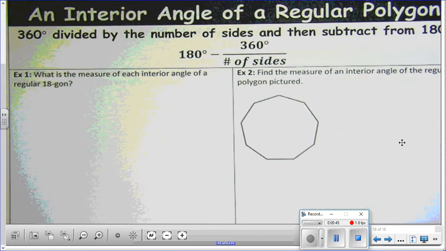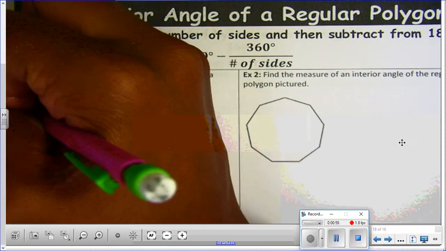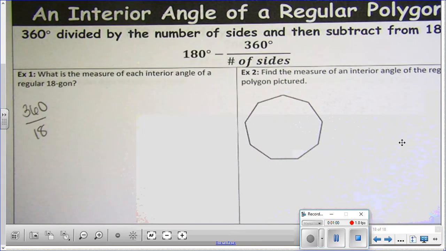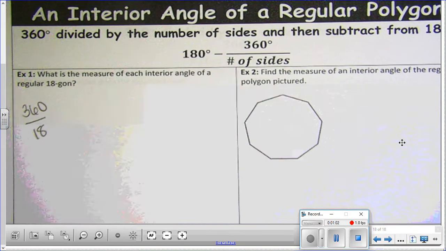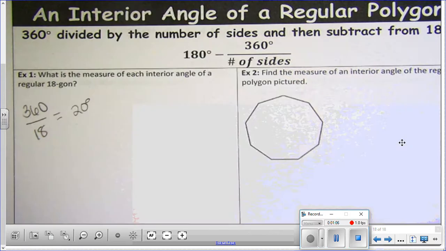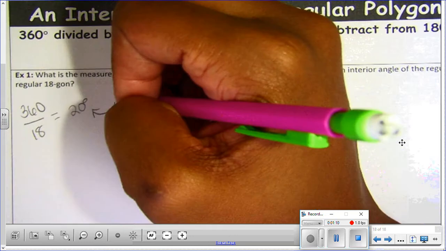Number one: what is the measure of each interior angle of a regular 18-gon? What we're going to do first is find the exterior angle. So we're going to do 360 divided by 18, and this gives us 20 degrees. But 20 degrees is the exterior angle.